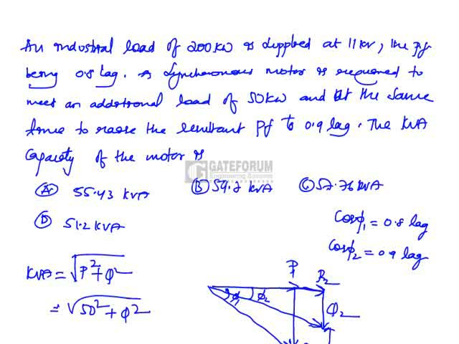Earlier we know that real power P1 is equal to 200 kilowatt. Now what is reactive power Q1 there? Reactive power Q1 is equal to 200 into tan phi1. So tan 36.86 is 0.6 by 0.8, so 200 into 0.6 by 0.8 is equal to 150 kVAr.